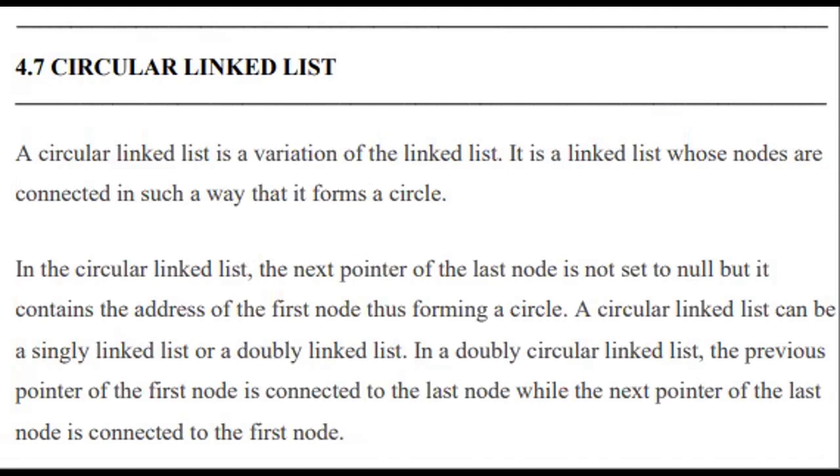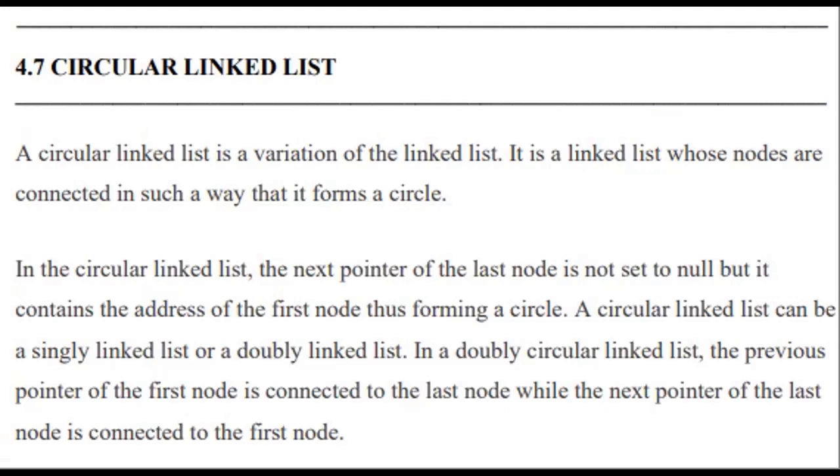So there won't be any null pointer. The null pointer at the end of the linked list will be connected to the first node of the linked list. So it will form a circular shape, and that's why it is called circular linked list.